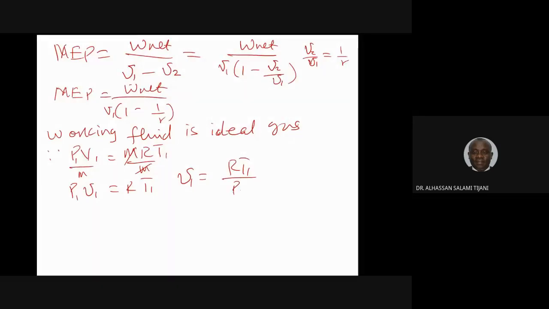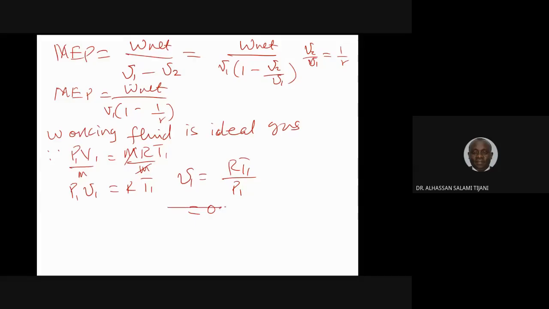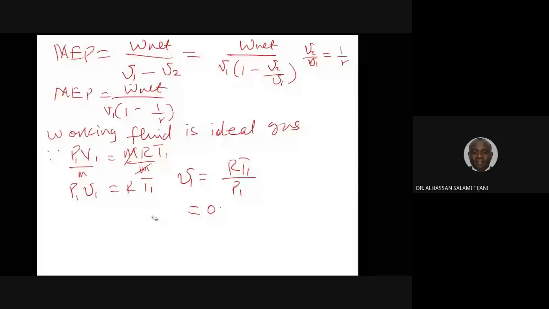So now let's substitute all the parameters. I'll have the ideal gas constant for air. What is it? Ideal gas constant for air. So this gives us 0.287, times T1.